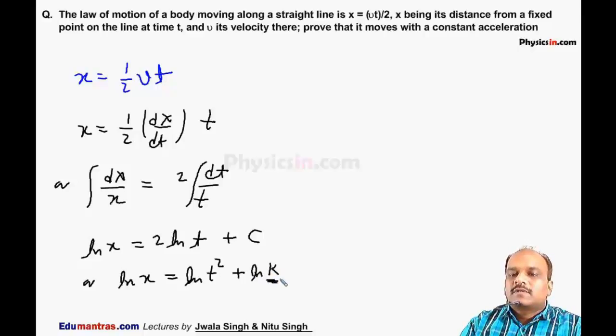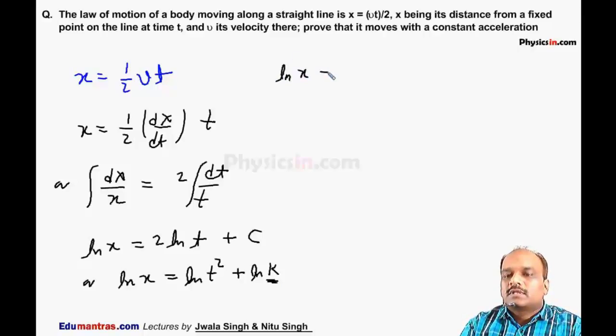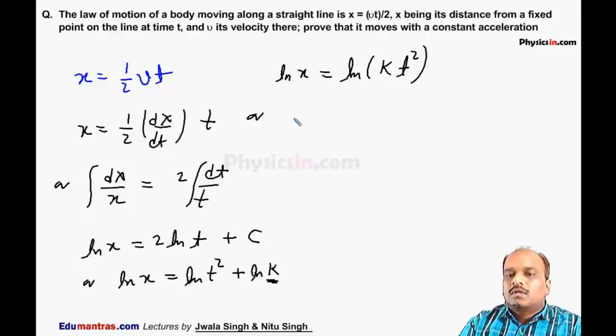This k is a constant, so ln of a constant is again a new constant. So ln of x is equal to ln of k into t square, or x is equal to k into t square.